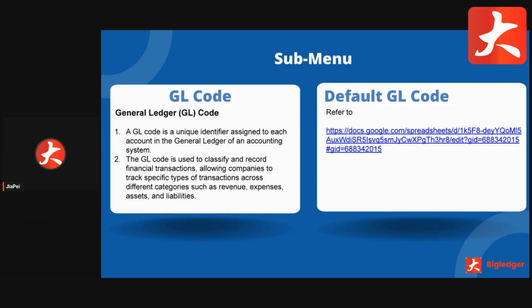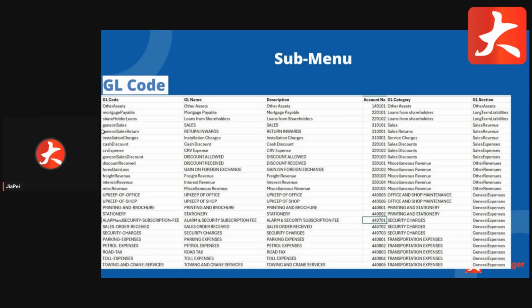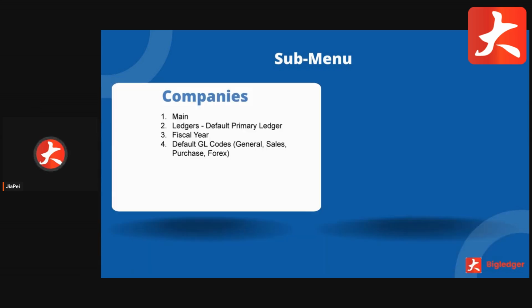In this part, we cover the default GL, so this is the default GL code. Just now I went to company, then we set our main company name. This company information is from the organization applet.